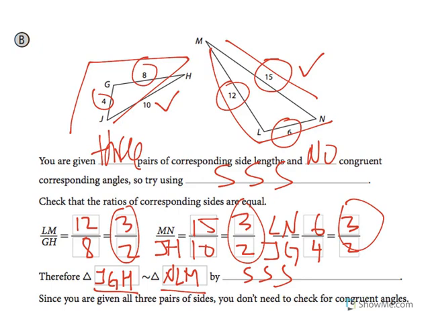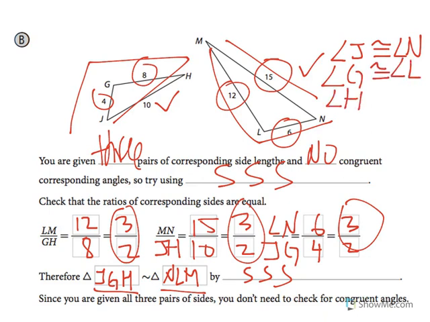Here we're saying that angle J is congruent to angle N, angle G is congruent to angle L, and angle H is congruent to angle M. You are given all three pairs of sides, so you don't need to check for congruent angles. So on your homework, when you type it into your HRW, make sure that the order is important.